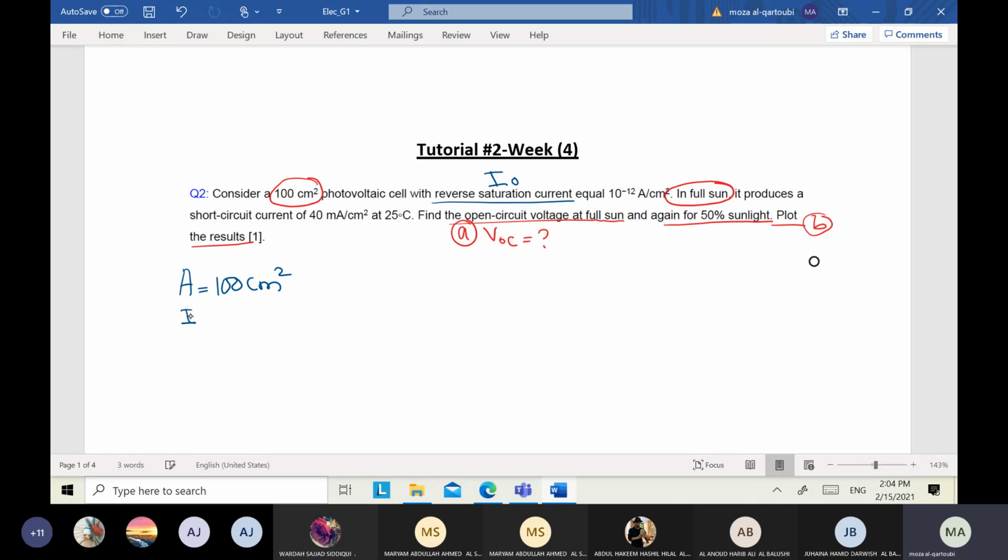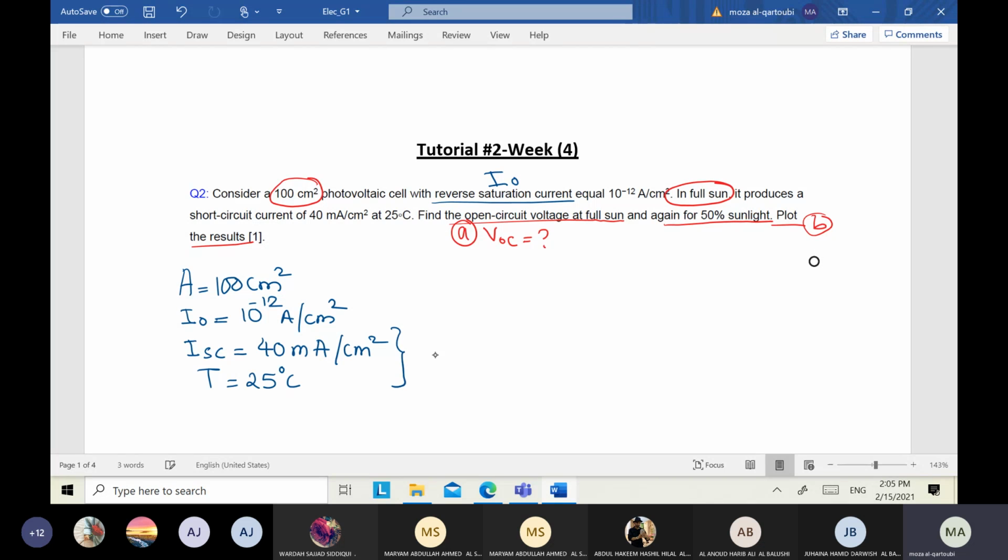Now in full sun, 100% of sunlight, I short circuit equals 40 milliampere per unit area again, and temperature at 100% of sunlight equals 25 degrees C. This is the room temperature.